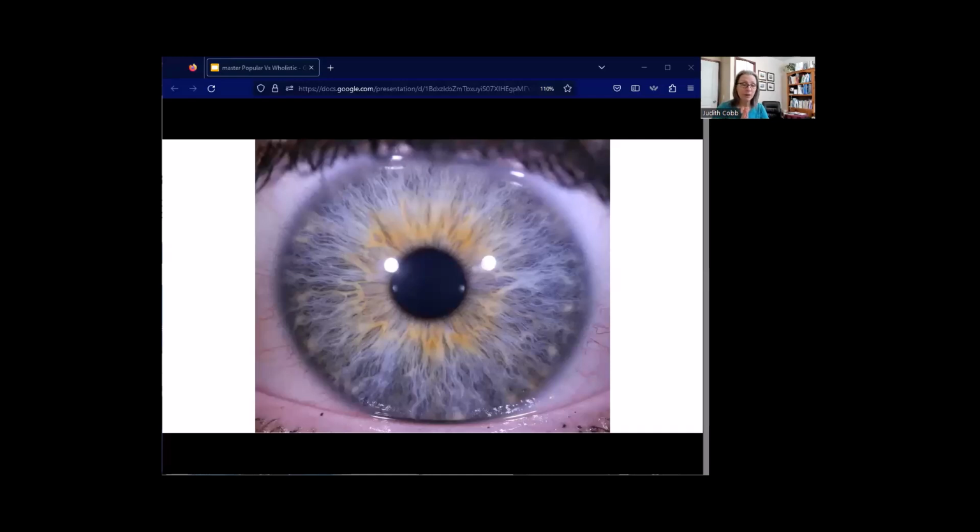All eyes are beautiful. This eye simply gives us information. Let's find out what information it's giving us, and let's use that information to empower our client to move forward with their health. That empowered me as an iridologist, right?